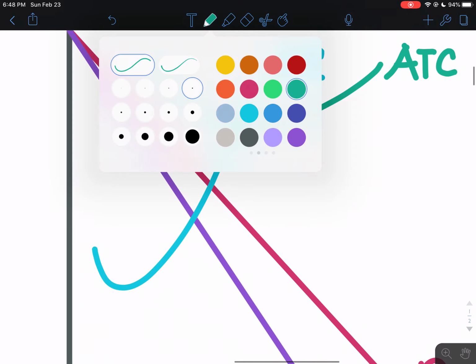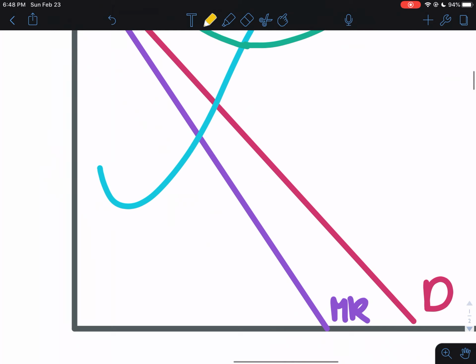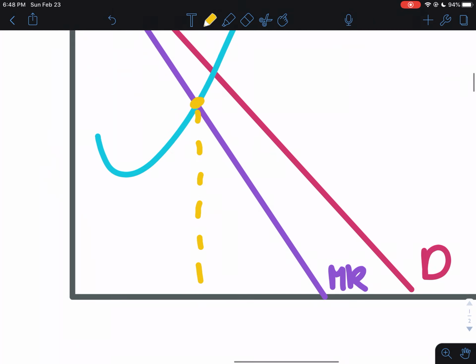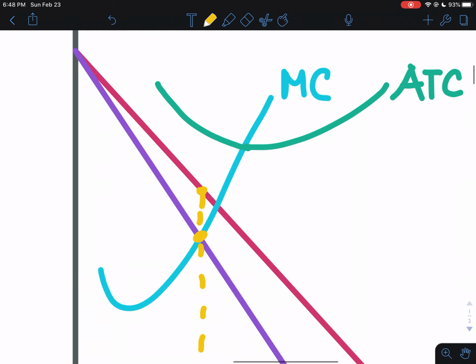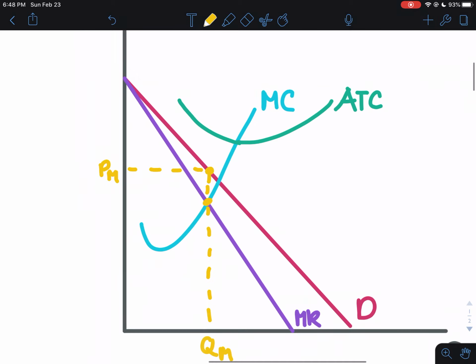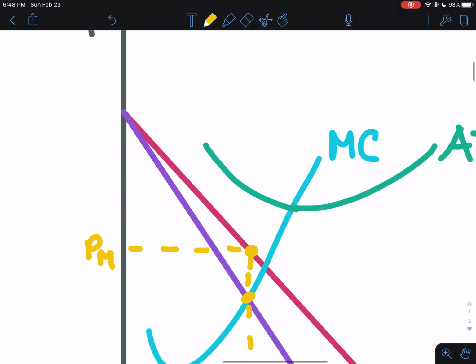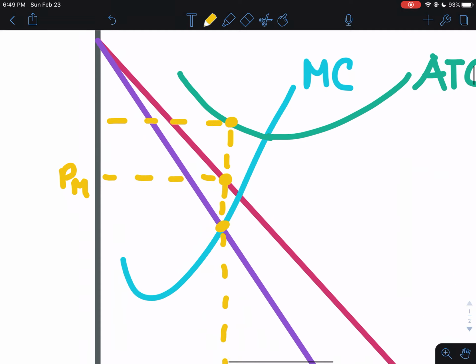ATC, okay. So let's find where MR equals MC. That's right here. Dash down to find our quantity maximizing. And then dash up to the demand curve, okay. Price maximizing. Okay, so we found our total revenue. So now we need to go up to ATC, and now we're going to dash over.